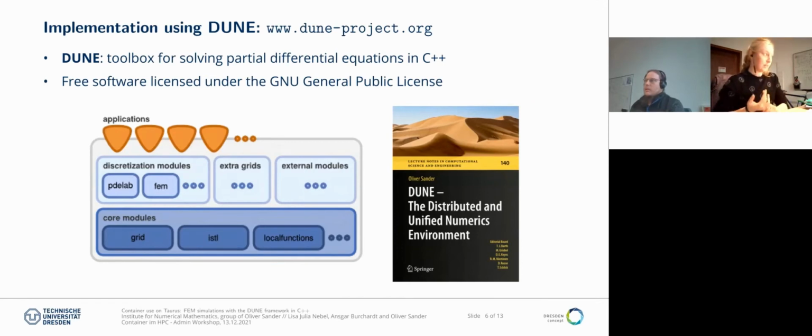Then you have discretization modules that give you a structure for finite elements, and then an application layer that is here in orange on top. And my simulation would belong to the application layer that uses a lot of DUNE modules that are beneath it. So already within the DUNE framework, I have some dependencies and some software blocks that I use and combine.